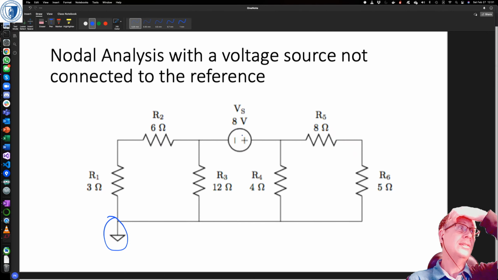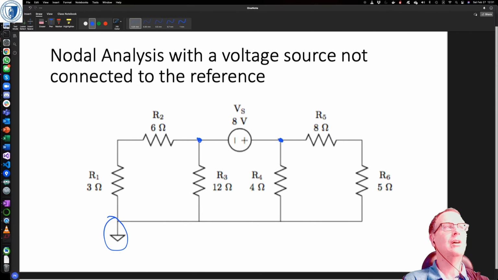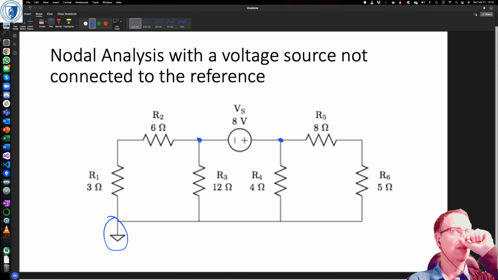So just like with a super mesh, we do something a bit different, and instead of getting two KCL equations for the nodes on either side of this voltage source, we get one KCL equation and one KVL equation.